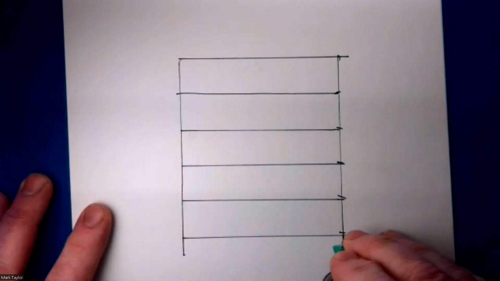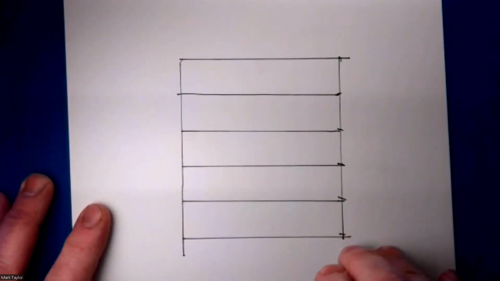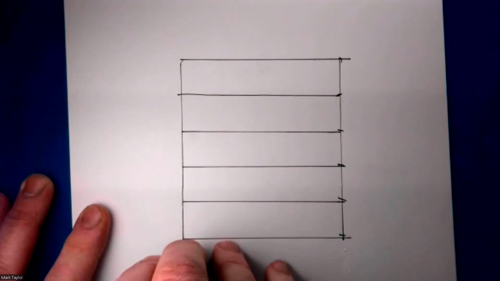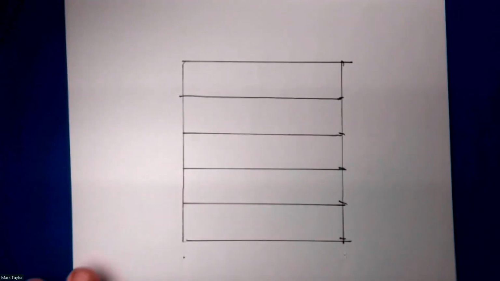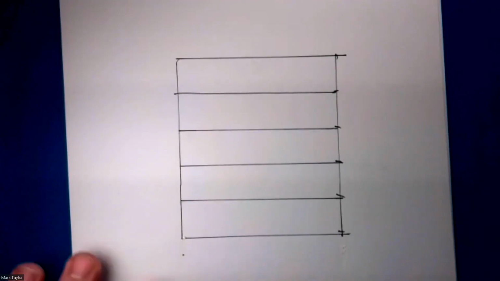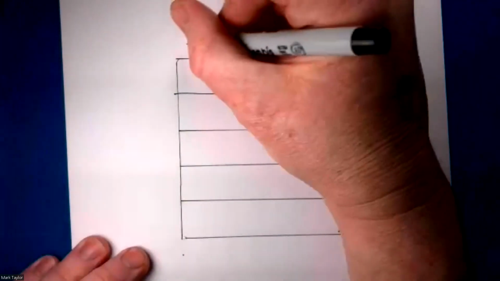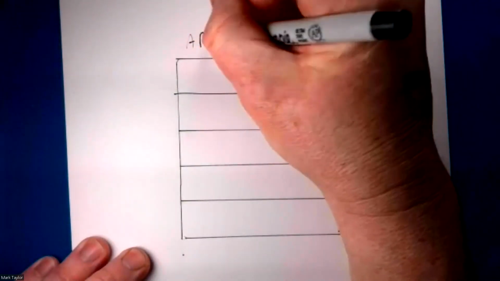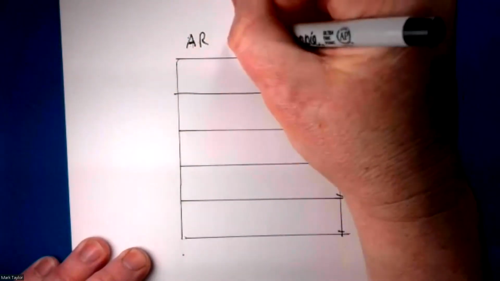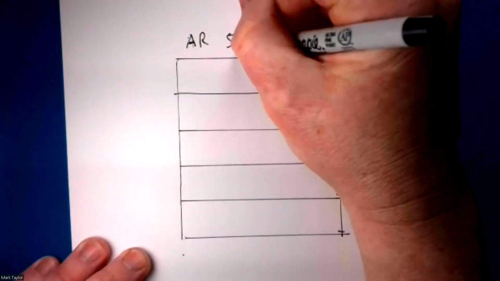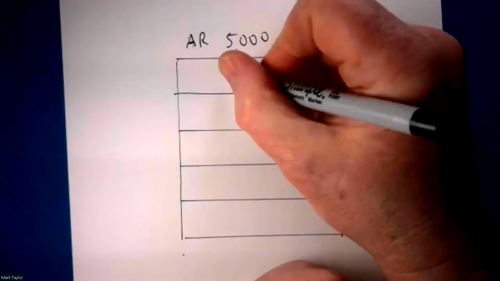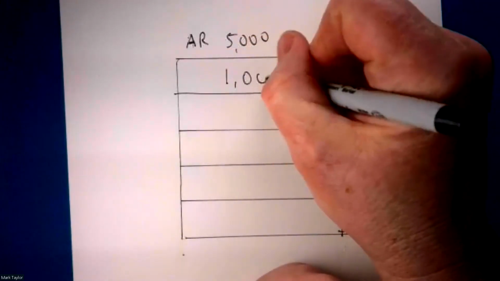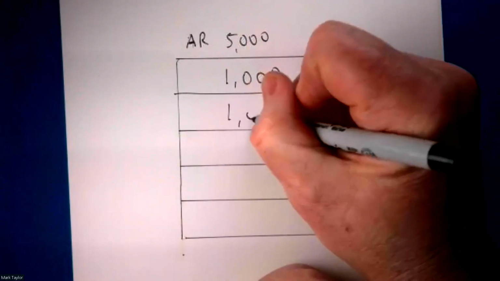What we do is we'll take that $5,000 accounts receivable and we're going to split it up into 5 different chunks, basically, of $1,000 each.